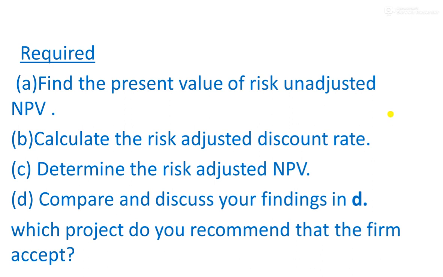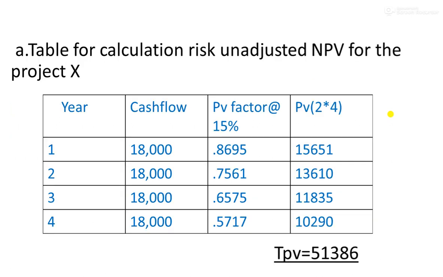So dear students, this is the risk unadjusted NPV table for calculating risk unadjusted NPV for the project X. Year 1, 2, 3, 4, and cash flow. The cash flow is given in the question, 18,000 every year in equal, and PV factor, present value factor, 15%.